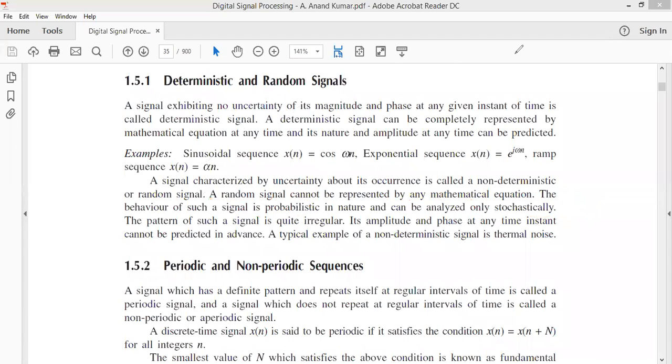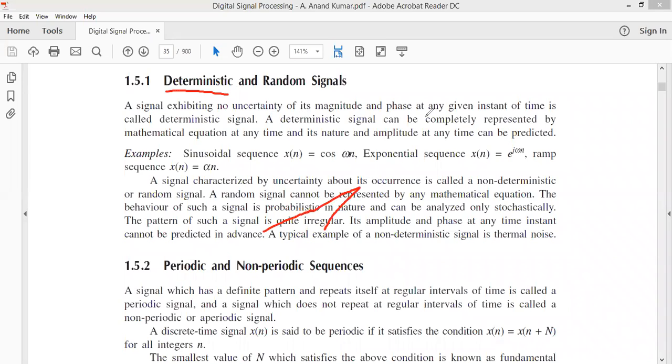We also know that deterministic signals have some regular pattern, whereas random or non-deterministic signals are quite irregular in nature.